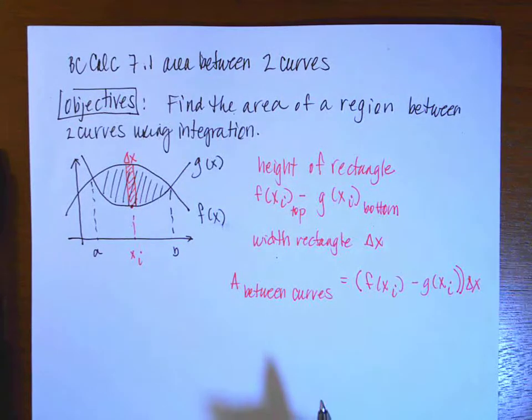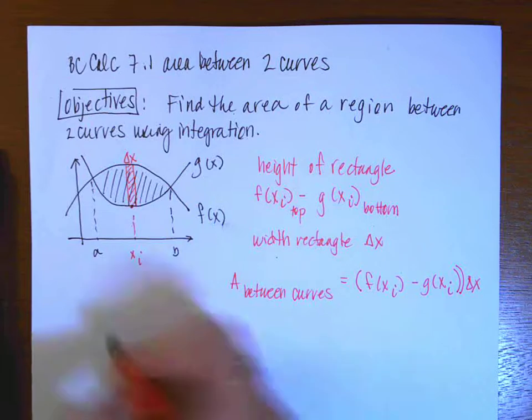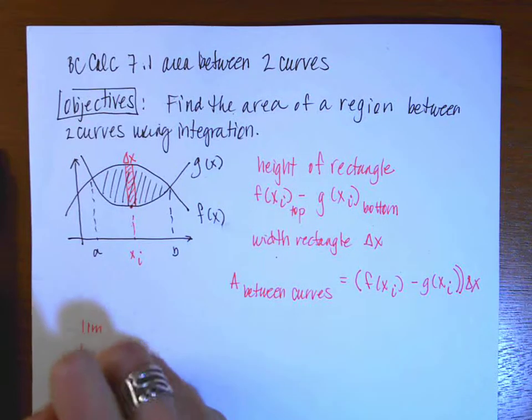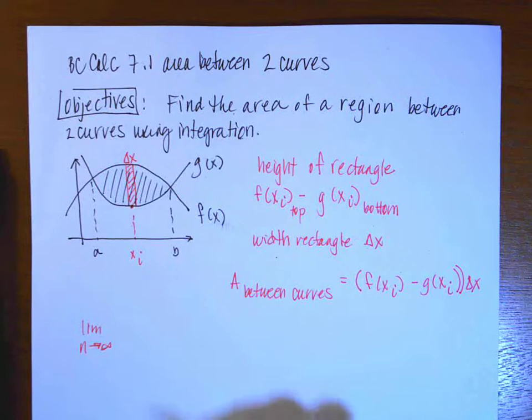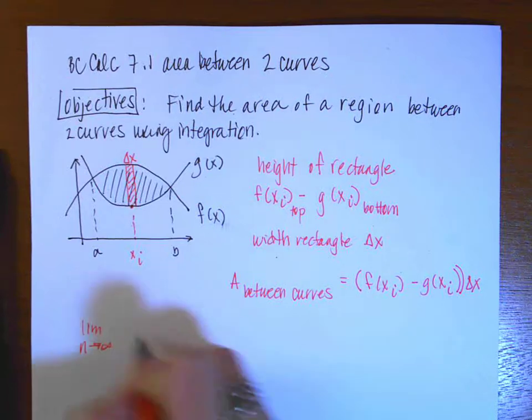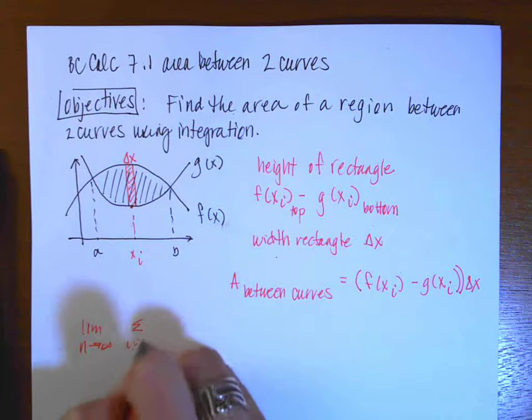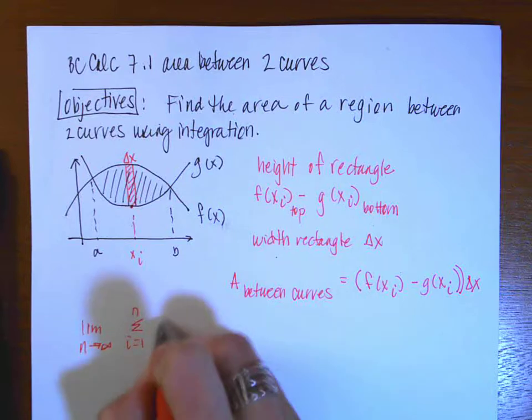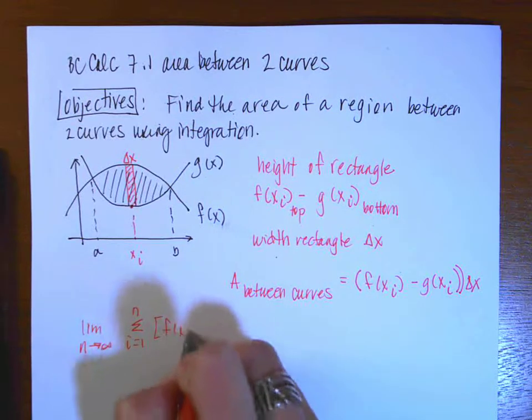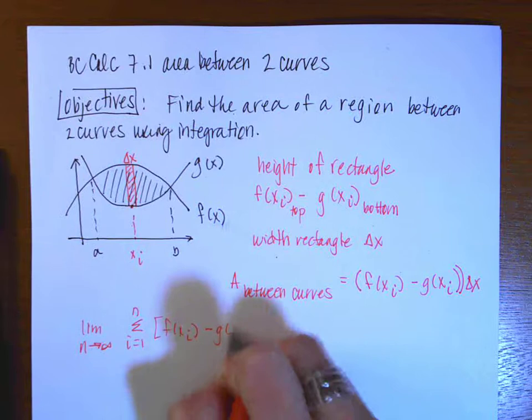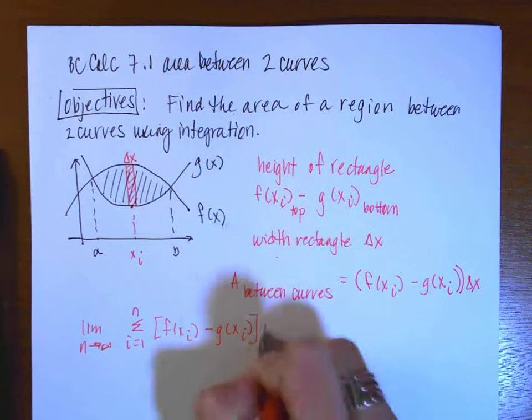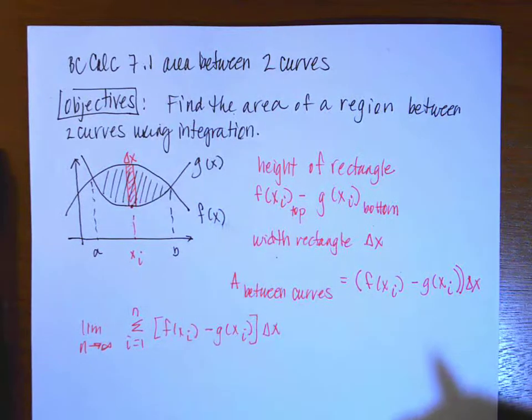So then if we talk about increasing the number of rectangles, then we talk about taking the limit as n approaches infinity, where n is the number of rectangles, for the sum from i equals 1 to n of f of x sub i minus g of x sub i, and then our delta x.